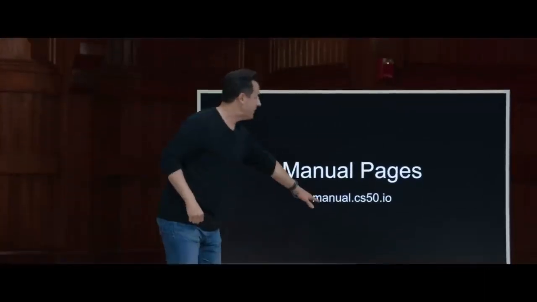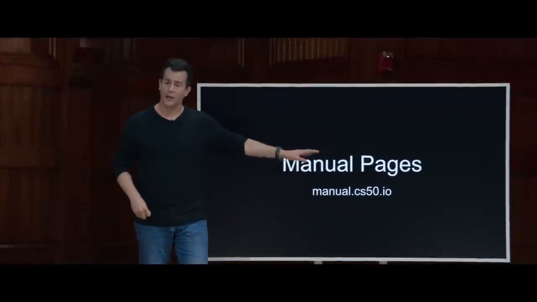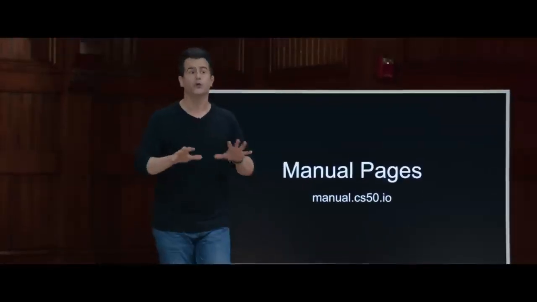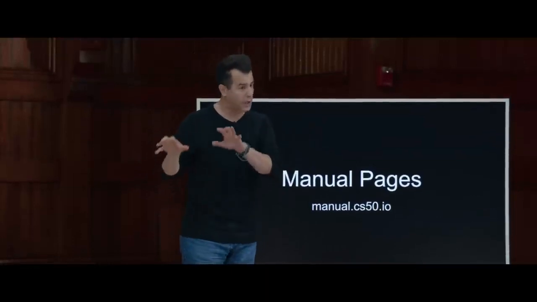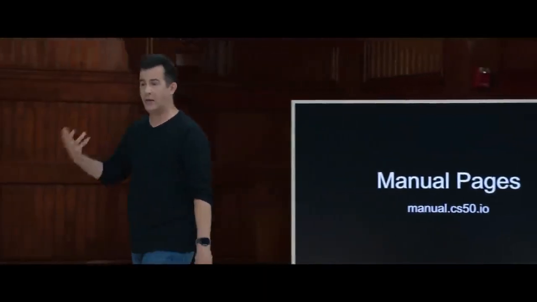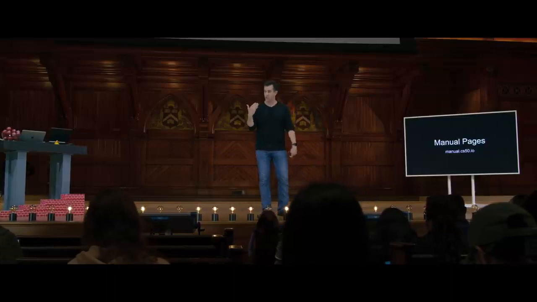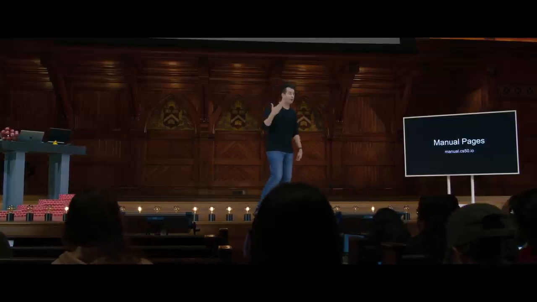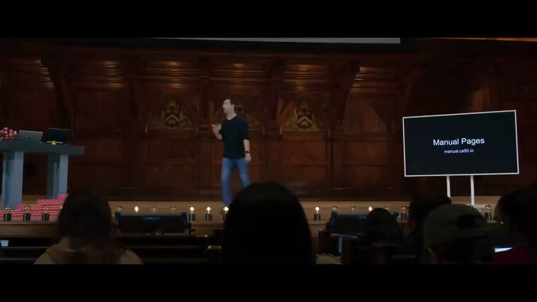They're written for and by folks who have been programming for years. And so, frankly, they're a little hard to understand. And so CS50 has its own version thereof at this URL, manual.cs50.io, where you'll see not only the official documentation for C, the language, but also staff-written simplifications in layperson's terms of what all of the various popular functions are, what their inputs are, and what their outputs are.